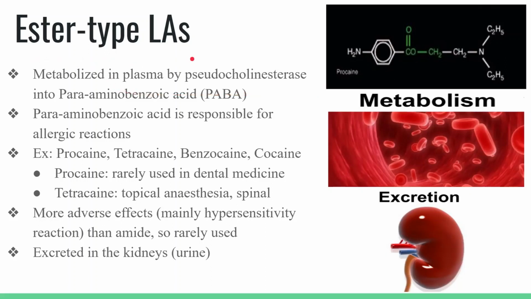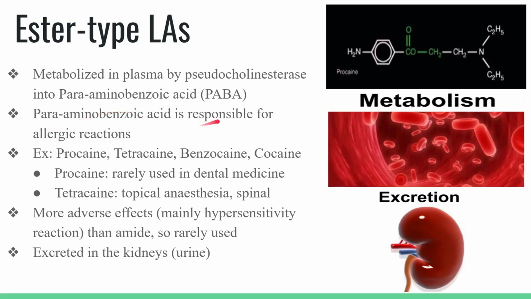The ester type local anesthetics are metabolized in the plasma by a pseudocholinesterase enzyme. Okay? This enzyme, pseudocholinesterase, is found in the plasma. It metabolizes these local anesthetics into para-aminobenzoic acid, also called PABA. Okay? This is the shorthand acronym.